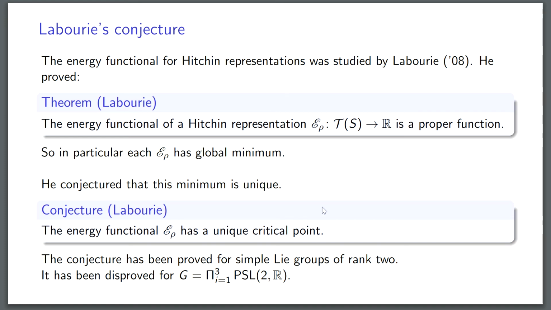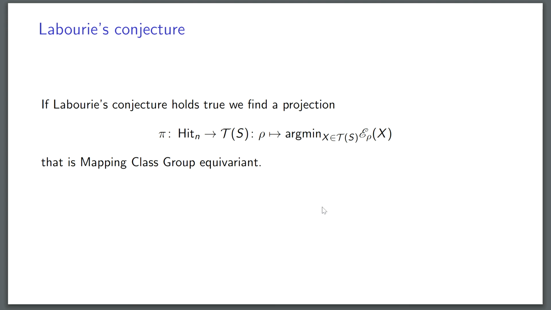Suppose that it's true. What then happens is that you can do the following. You can find a mapping class group equivariant projection from the Hitchin components onto Teichmüller space. Namely, you pick a Hitchin representation, consider the associated energy functional, and then if Labourie's conjecture is true, it has a unique minimum on Teichmüller space.